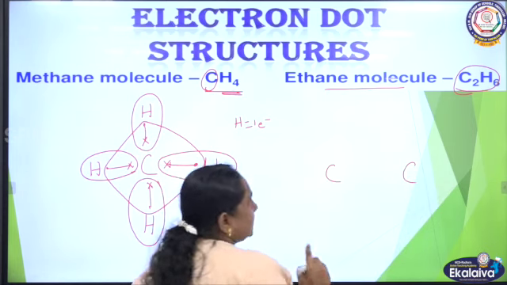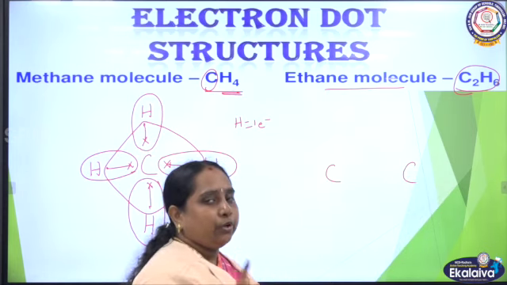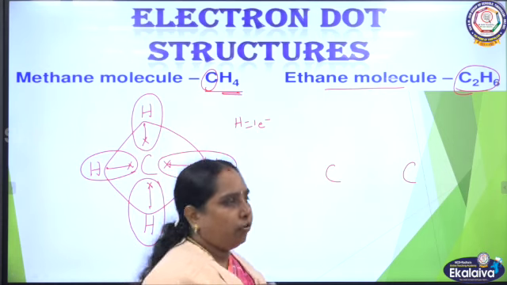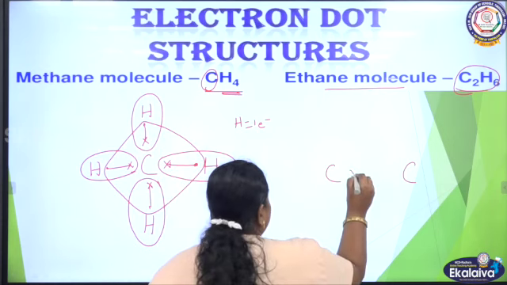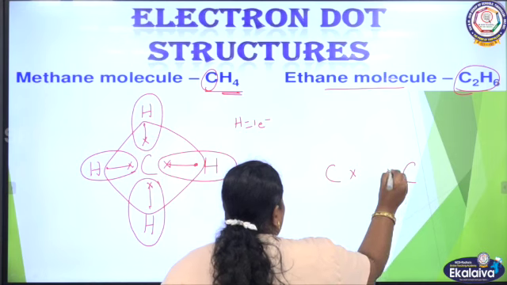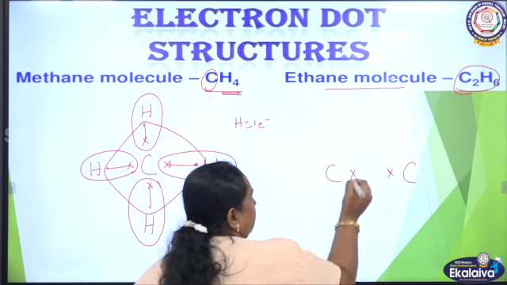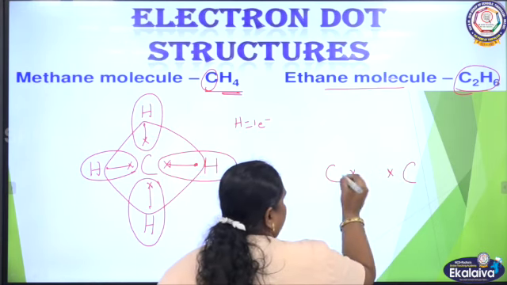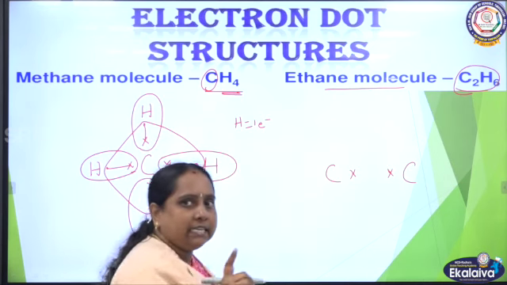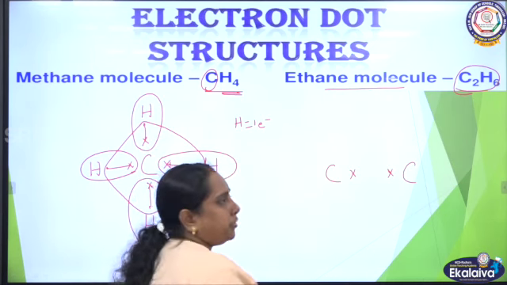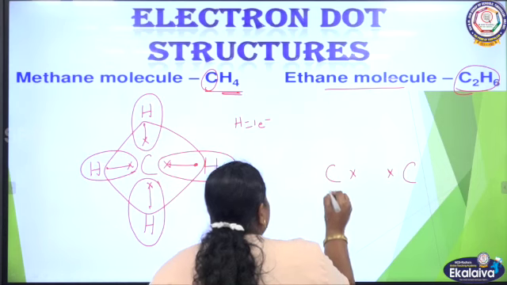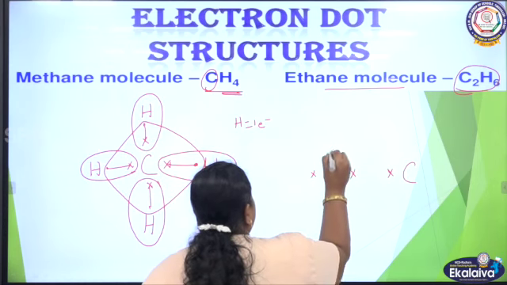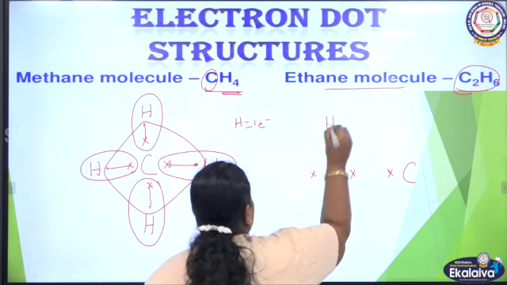You know that the valency of carbon is 4. So 1 electron of carbon and 1 electron of the second carbon will be shared among themselves, which forms a single covalent bond. And the other 3 electrons of carbon will be mutually shared with hydrogen electrons.